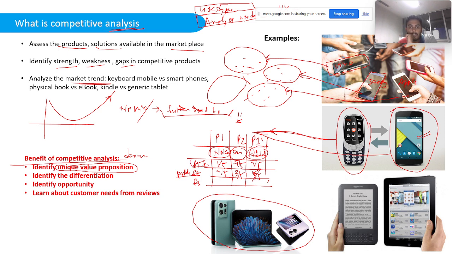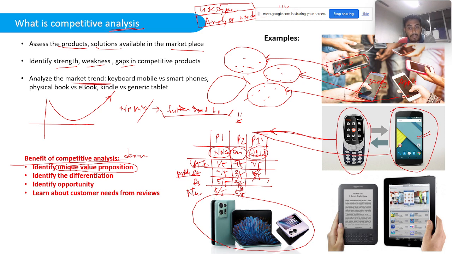So we can say, okay, we need good touch sensitivity. So in terms of value proposition, we can say our touch sensitivity will be 5 out of 5. Then our portability will again be 5 out of 5. Okay, so like that, when you compare this with your new product, you will have your own scores. Okay, so this is what value proposition is.